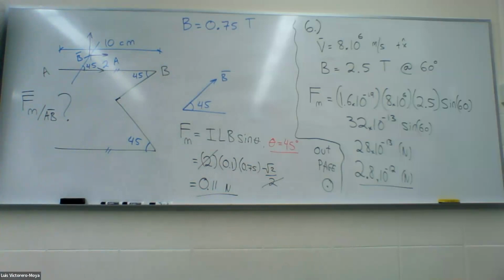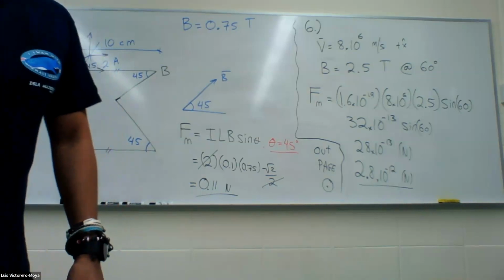Okay. So as you have seen in these examples, you just apply the equation. You just have to be careful with the right-hand rule in some cases, with the units, but it's not that complicated. All right, at least at the beginning, it shouldn't be. You are going to be given the uniform field, and then you just have to be careful again with the units, with the right-hand rule if they ask you for direction.